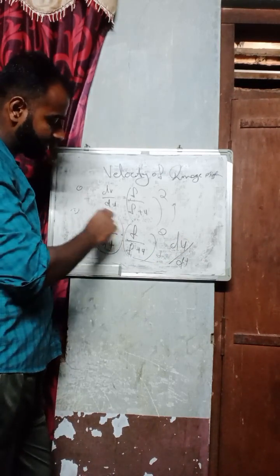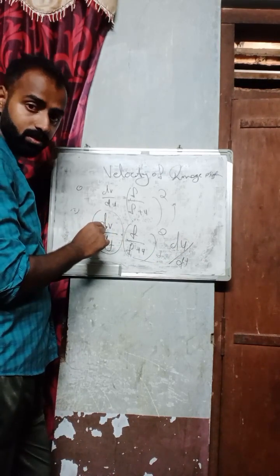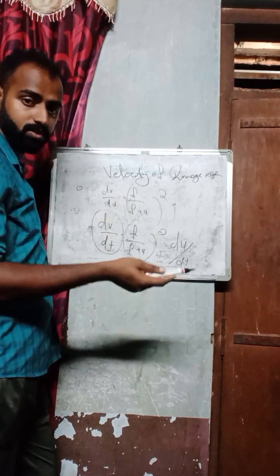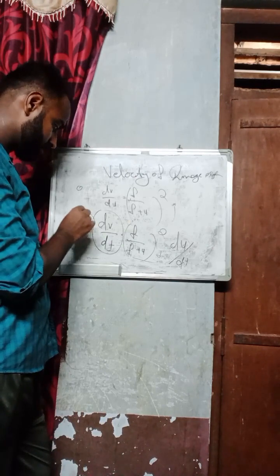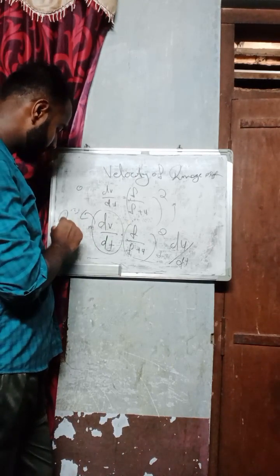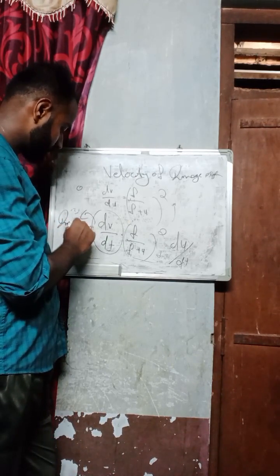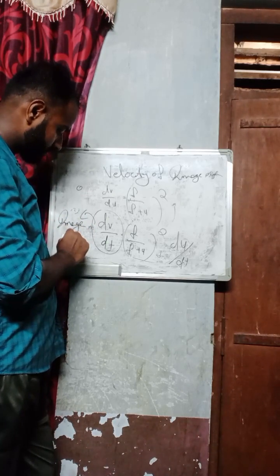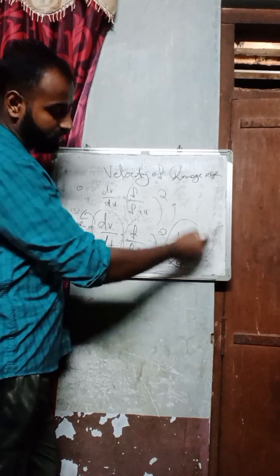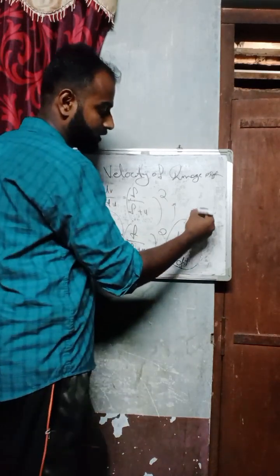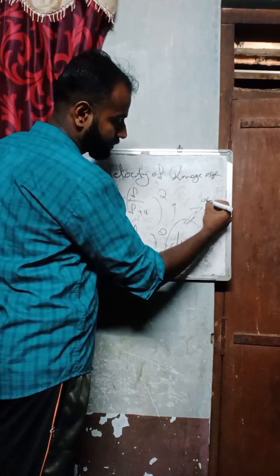This dV by dt, this V is not velocity, this is a dimension of length, that is image distance changing with respect to time, that is image velocity. This is dU by dt, object velocity.